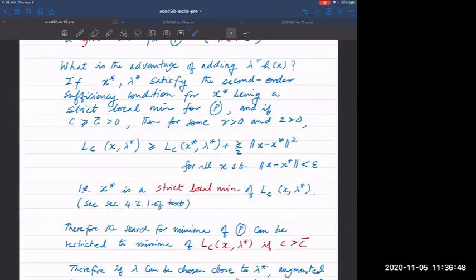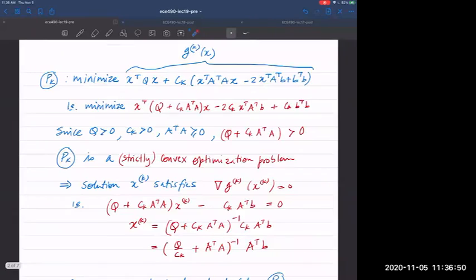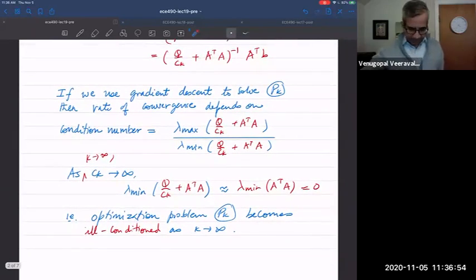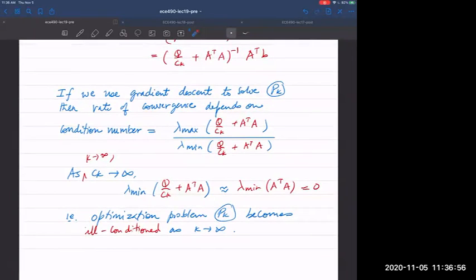Can you go to page 2? Is there a Ck square missing on the bottom line, above Pk?